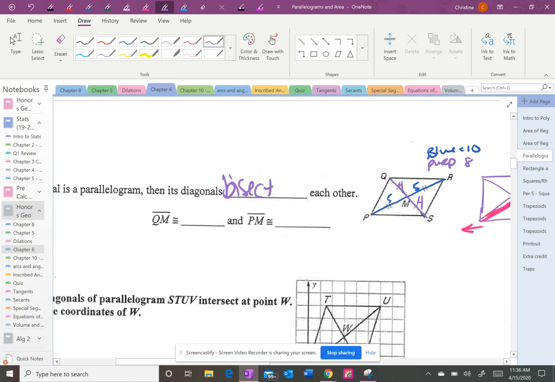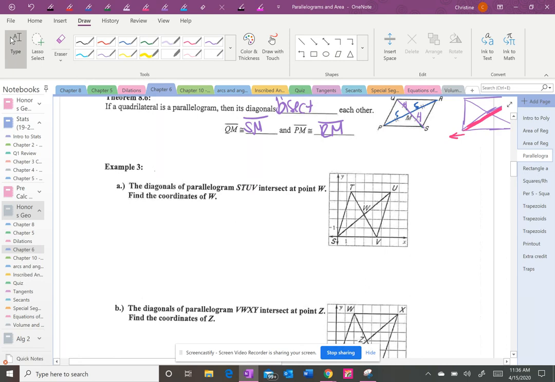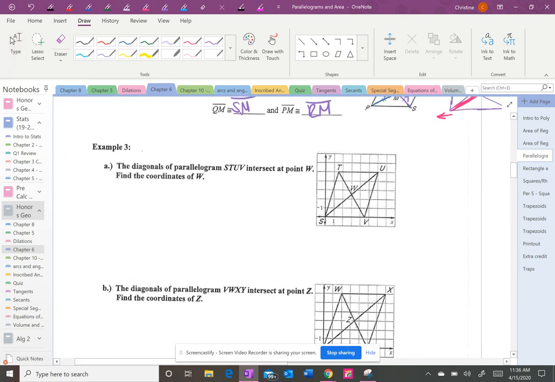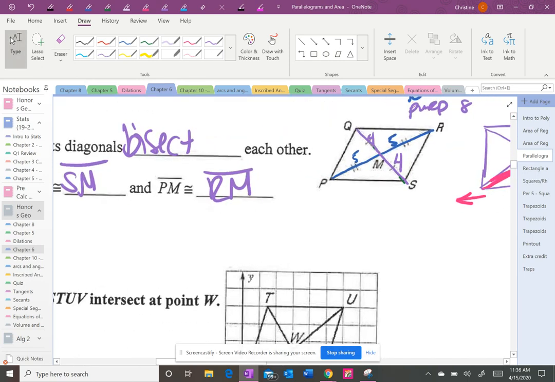QM is congruent to SM, PM congruent to RM. And that's it. There's no special relationships in the angles. A lot of times people think that these diagonals bisect these angles.